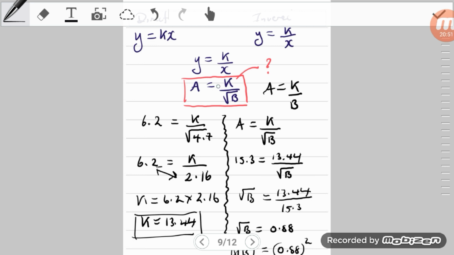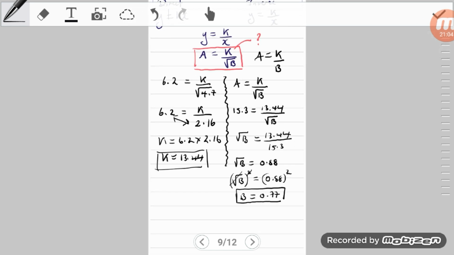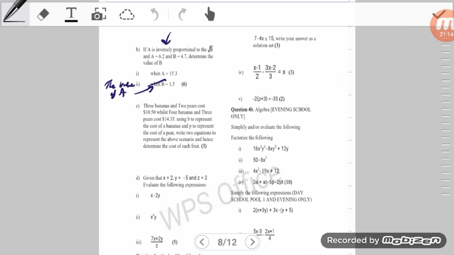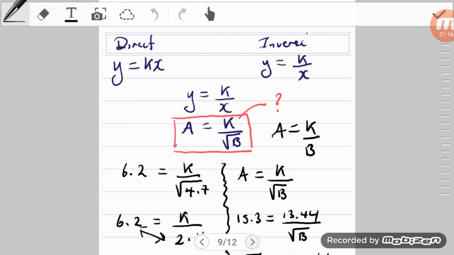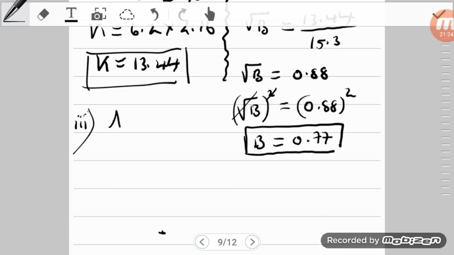Okay, and so just finally here, let's go to the last part here. We are now interested in finding the value of A, but this time B is 1.5. So let's go back to our formula. This is part 3 here. So now A is equal to K divided by the square root of B. Please note that we are looking for A in this case, but this time K, as we had calculated earlier up here, is 13.44, and now they say that B is 1.5, so it becomes the square root of 1.5.